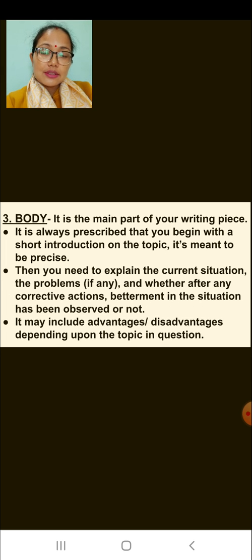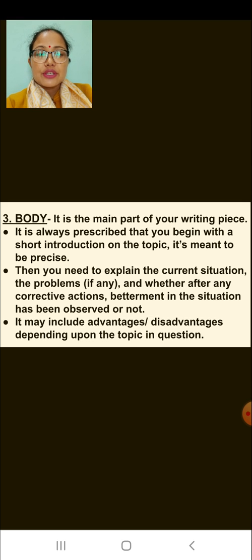Now, the third point that comes in the speech writing is body. That is the main and the most important part, or you can say the content also. It is the main part of your writing piece. It is always prescribed that you begin with a short introduction on the topic.